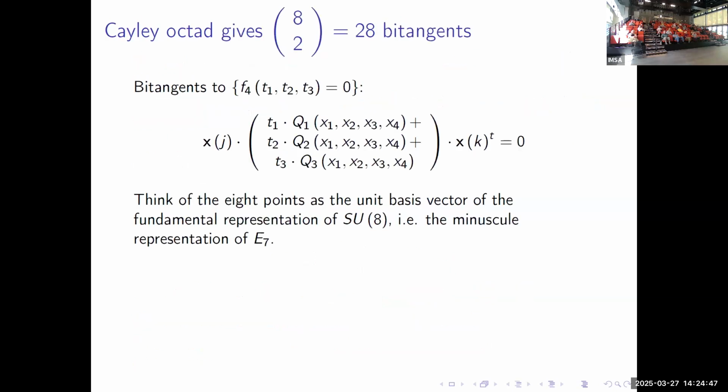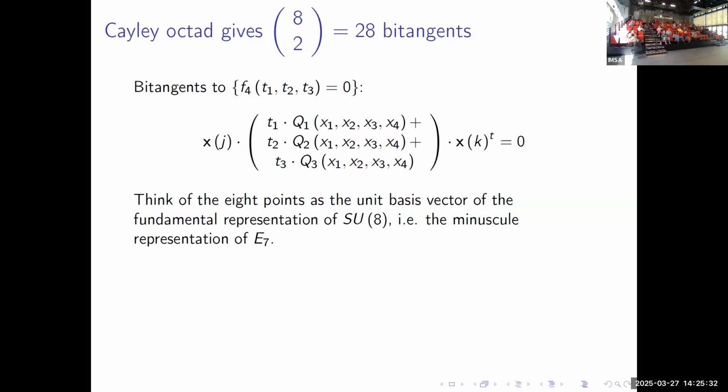This is the kind of stuff I just love. So how do we get the 28 bitangents to every smooth plane quartic curve? I never knew any of this stuff, even though I'm old enough, I should have learned it. I never did. It's all new to me. Anyway, you take 2 of those 8 points, you go back to that graph, the linear combination of quadrics, you stick in the 2 values of the base points.